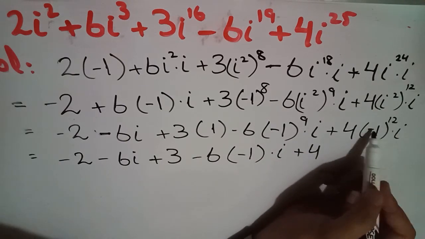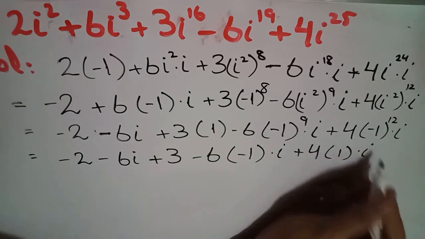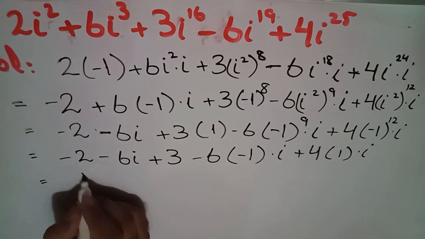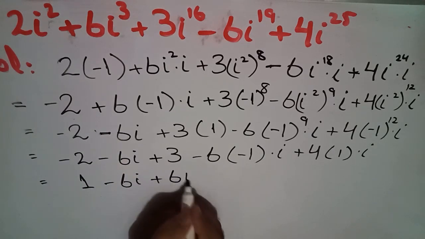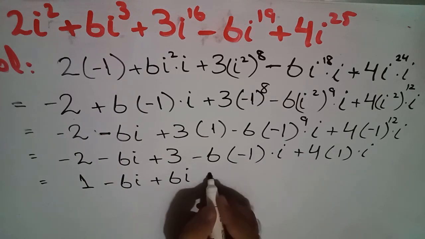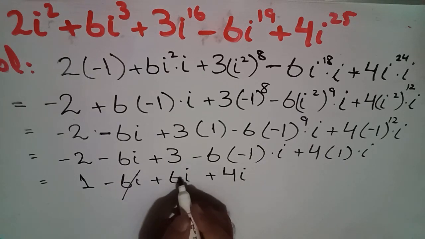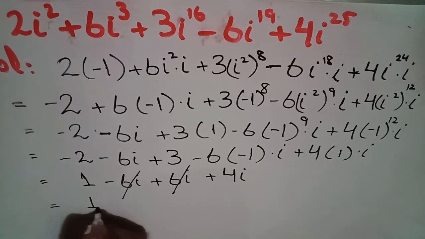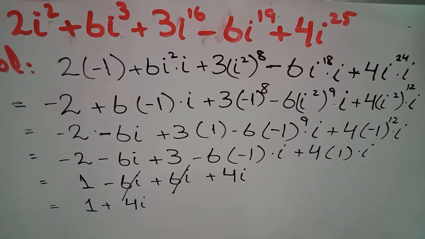And if the power of any negative integer is an even quantity, the answer will be positive. So you can write here plus 3 and minus 2, you can write plus 1, minus 6 iota, minus minus plus 6 iota and plus 4 iota by simplifying or multiplying it. So this minus 6 iota can be cancelled with this one. 1 plus 4 iota will be the answer, and you can write here the answer is 1 plus 4 iota.